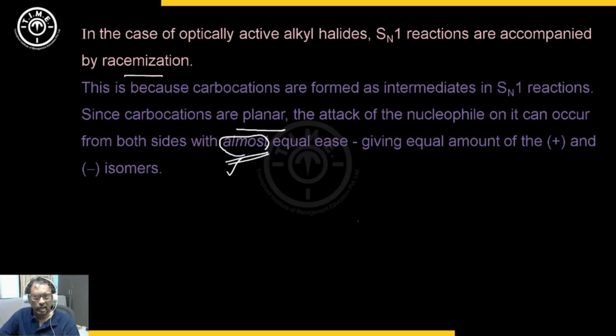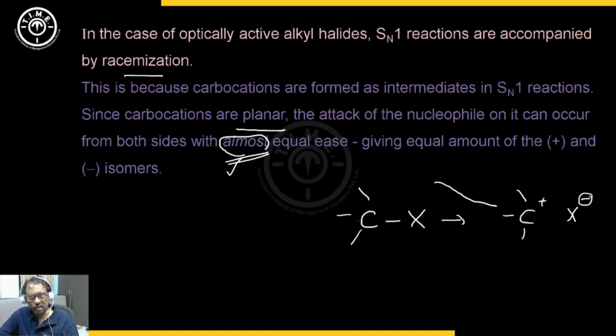Because when the halogen was here and the nucleophile was attacking, the carbocation was formed, but the X minus has not moved out completely. So a nucleophile attacking from here is more than a nucleophile attacking from there, which is less, because the halide has not left the place.